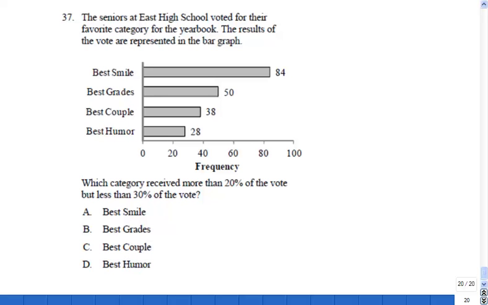Because that will give you the 100% of the vote. How can you find that? Well, very simple. I'm looking at the categories and the number of votes for each category. If I add them, that will give me the total number of votes, the 100% number of votes, right?